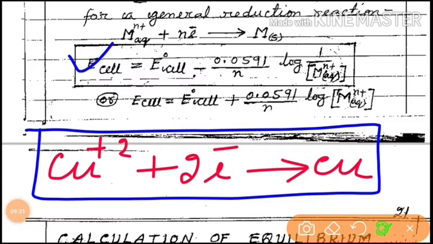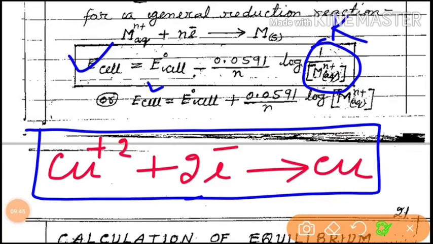The formula is E cell is equal to E naught cell minus 0.0591 upon N, and what is N? That is 2. Log K. Actually, in place of this, we will assume K.